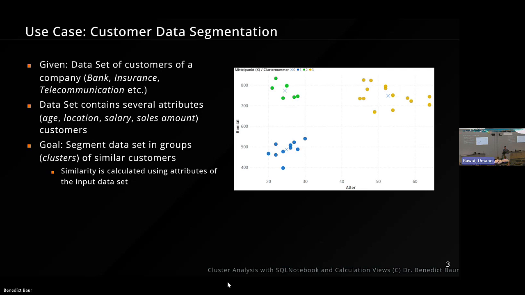So you want to segment your whole data into groups of similar customers. And of course, the similarity is calculated using the attributes of your input data set. So the information you have about these customers.